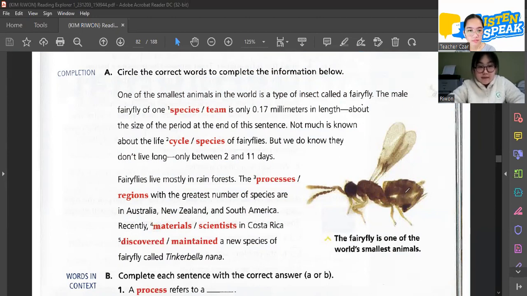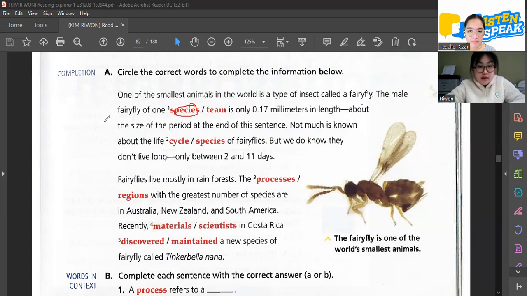A male fairy fly of one species is only 0.17 millimeters in length, about the size of the period at the end of the sentence.